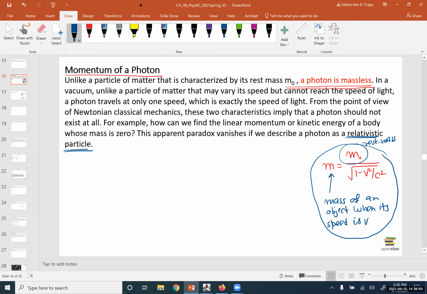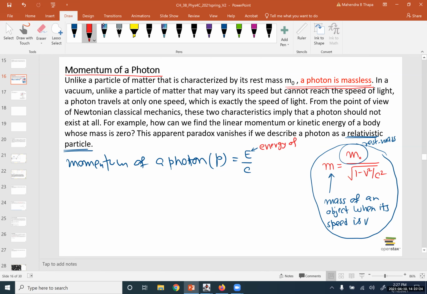Under that, the momentum of a photon, which we represent by the symbol p, will be E over c, where E is the energy of the photon. This energy we can write as h times f over c.